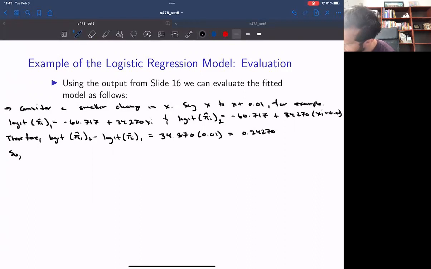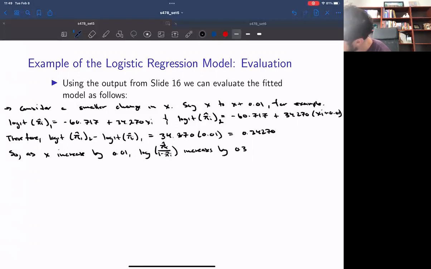So as x increases by 0.01, the log of pi_i over 1 minus pi_i increases by 0.34270.